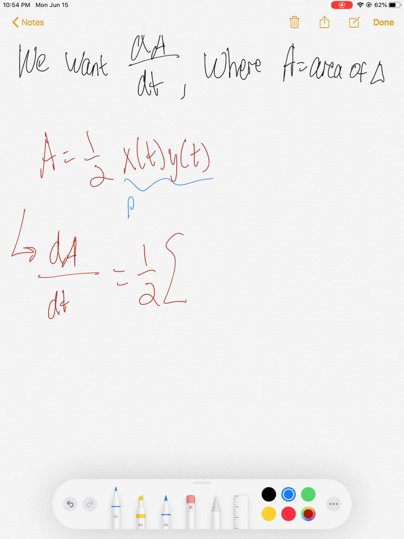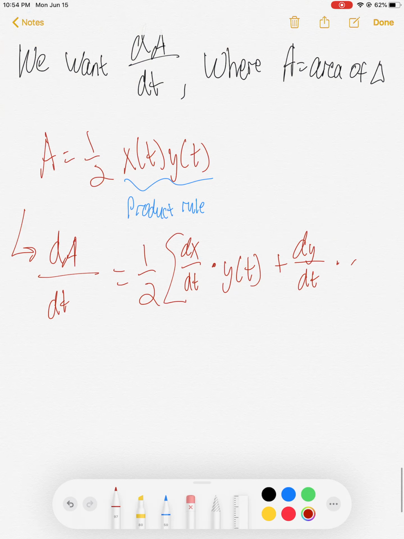So if I take the derivative of both sides with respect to t, then this means that dA/dt, in fact, I think I made a mistake whenever I did this problem the first time in a video. This is going to be 1/2, and now I'm going to have to hit the second part here, x of t times y of t, with the product rule. I think I forgot to do that the first time that I did this.